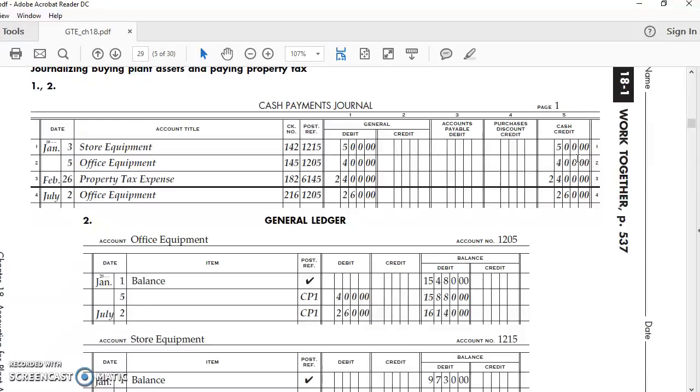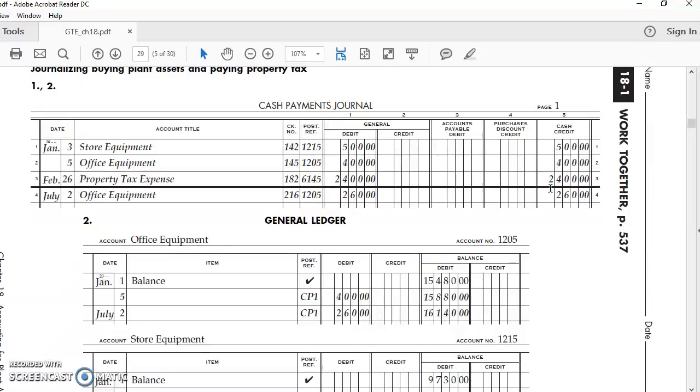On your calculators, take $80,000 times 3%. You're going to get $2,400. This is your property tax expense. The transaction indicates that you're writing check number 182, and that's going to be a general debit, cash credit as well.